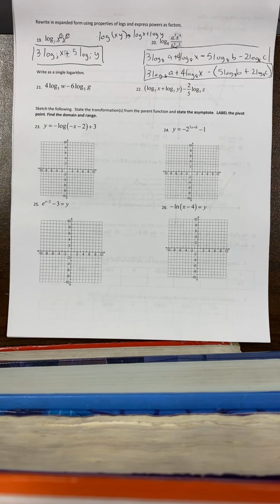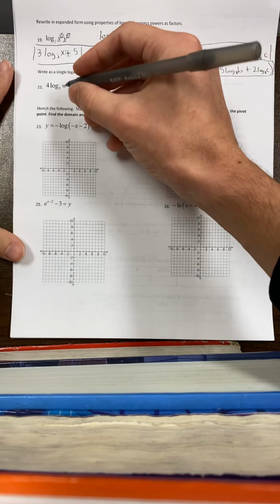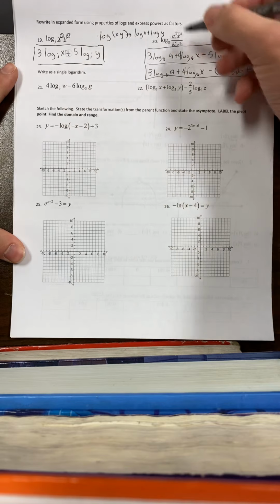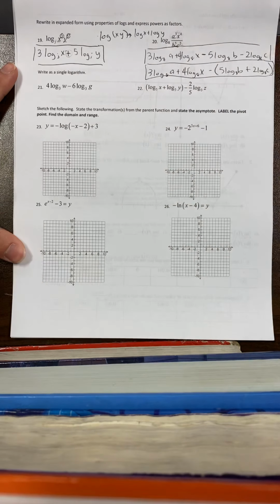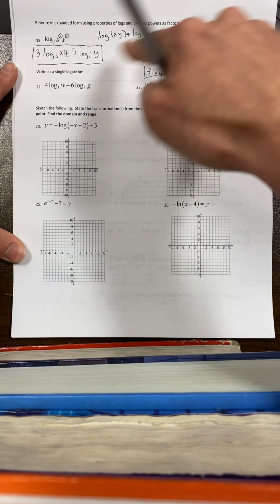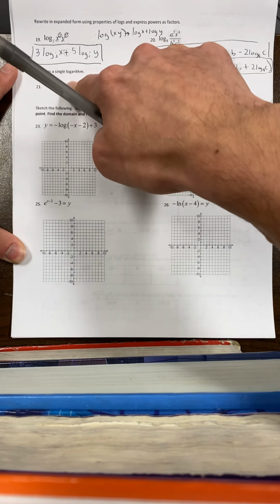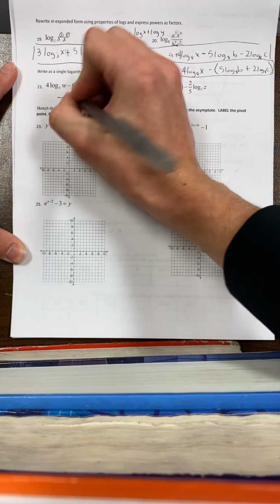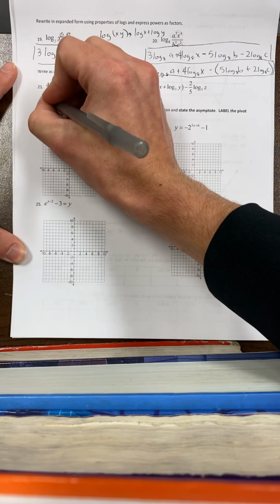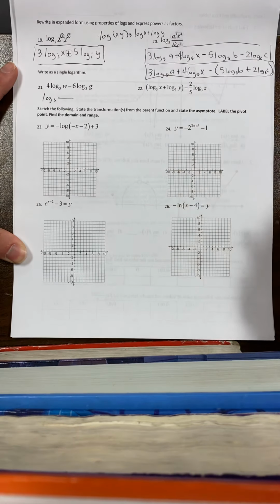So now for the next two questions, we want to condense them. We want to write it as one single logarithm. So here we look at this and we know that we have subtraction. Immediately we should go to, in our brain, that it should be division, because now we're working backwards from the previous problems. I know since I'm condensing, I only want to write log base 3 one time.